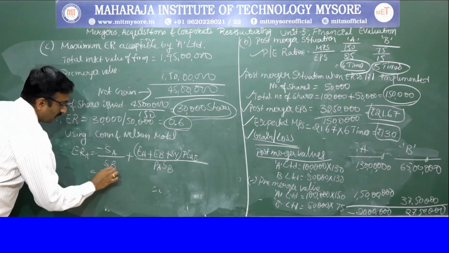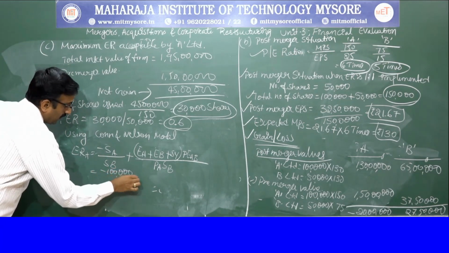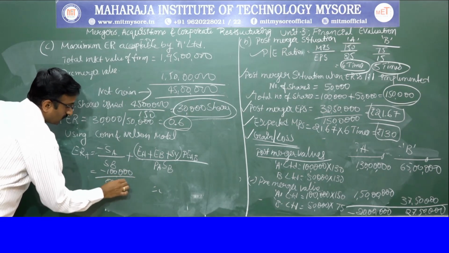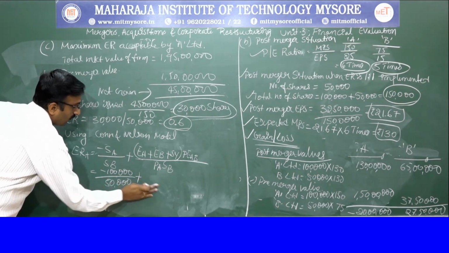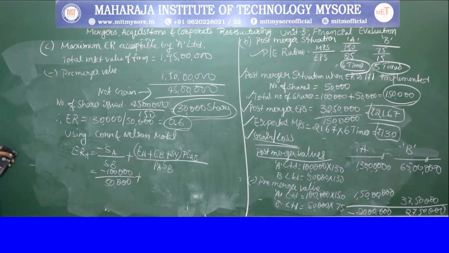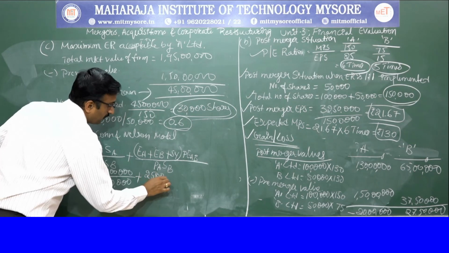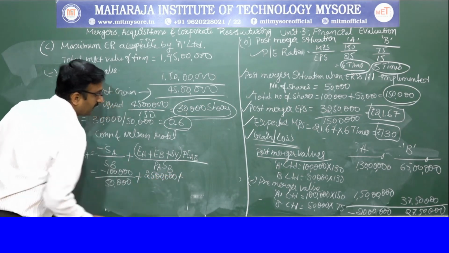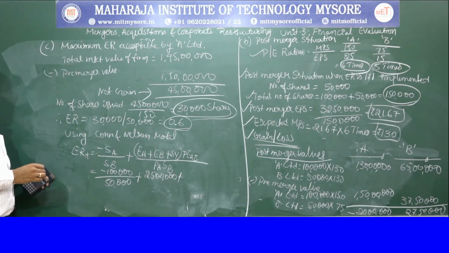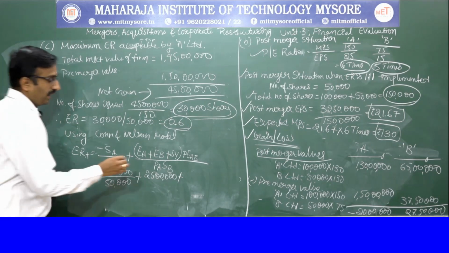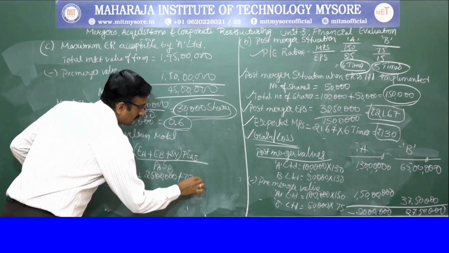It is minus 1 lakh divided by 50,000 plus earnings of A Limited, how much we have calculated, it is 25 lakh, and earnings of B Limited, it is 7,50,000.